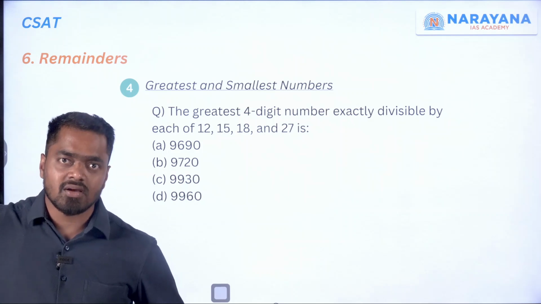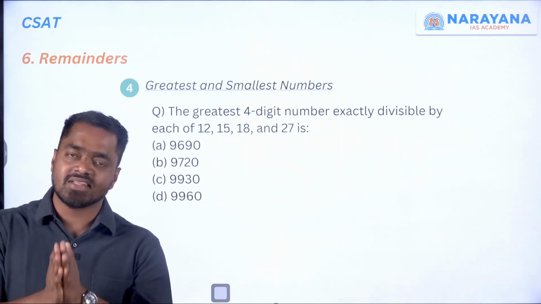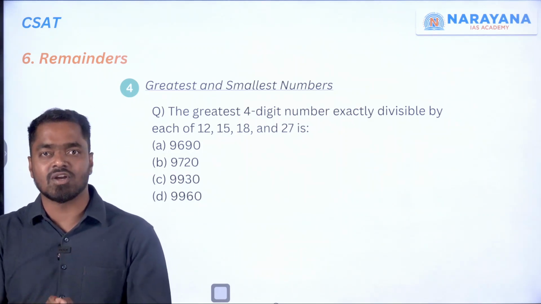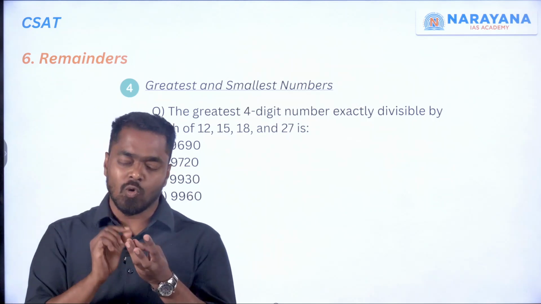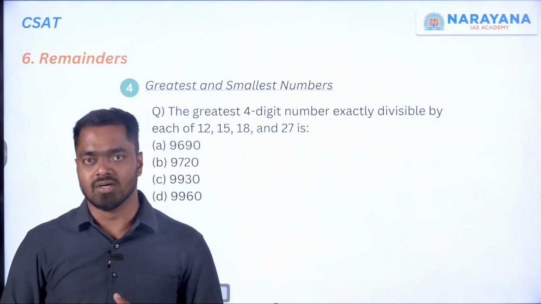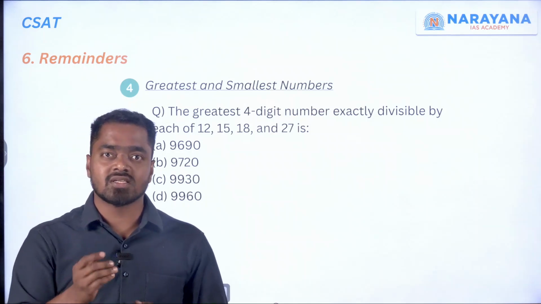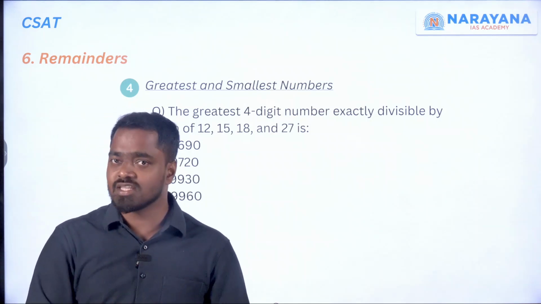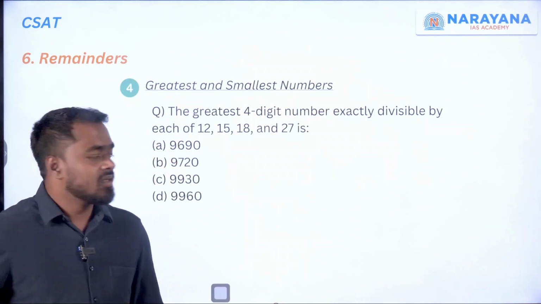If you remember, in the concept of LCM and HCF, we have discussed these kinds of problems. But the only difference is they are asking what is the greatest 4-digit number, what is the smallest 3-digit number. So like that the questions will be asked.